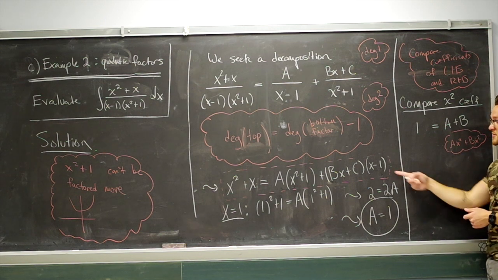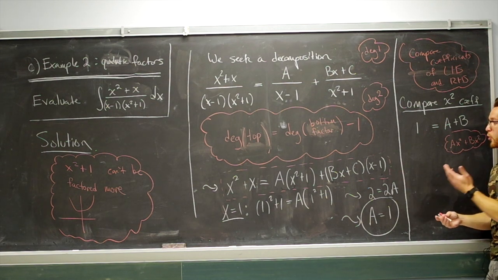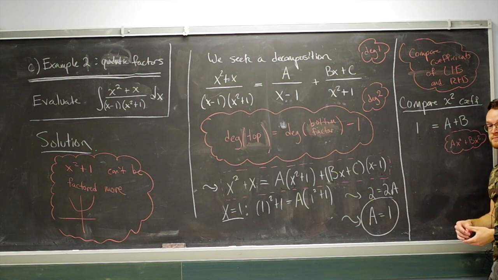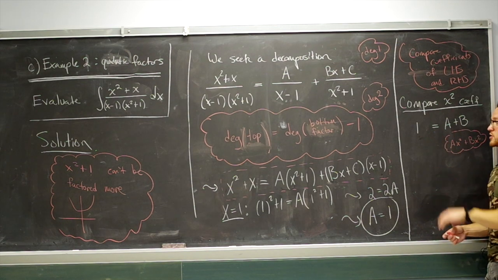And again, because this is an equality of polynomials, those two coefficients have to be the same. So I generate this equation, 1 equals a plus b.